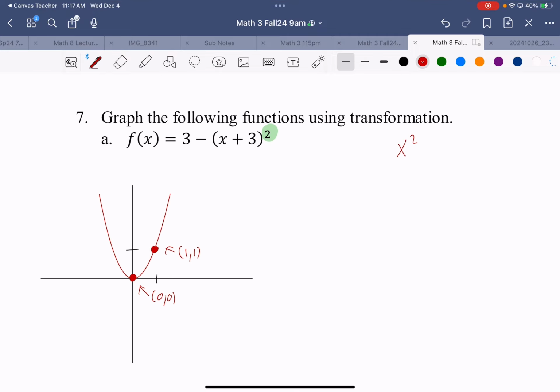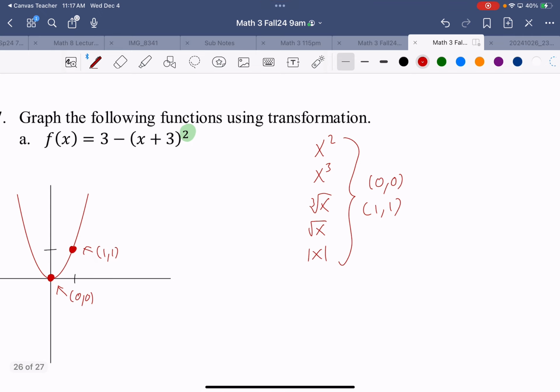So x squared shares it, x cubed shares it, cube root of x shares it, square root of x shares it, absolute value of x shares it. What else did we do? Technically, y equals x has it as well. But in terms of all these, they all share 0, 0 and 1, 1 as points. So they're good to use.